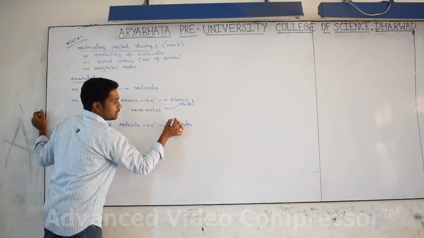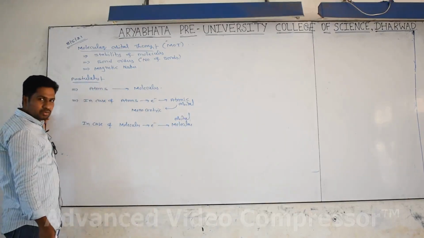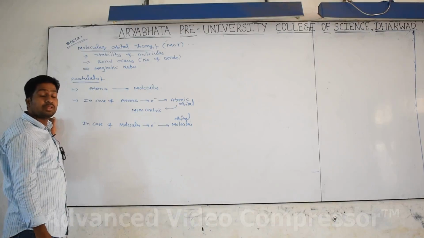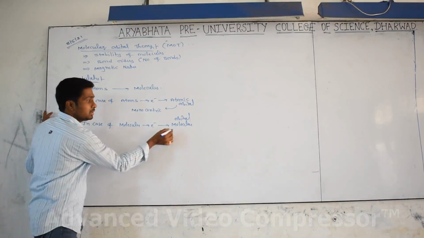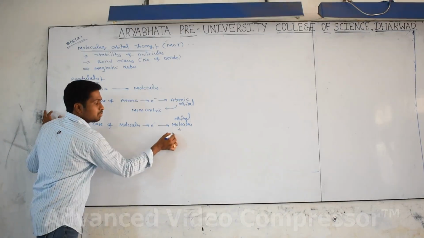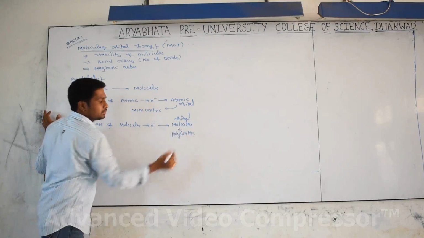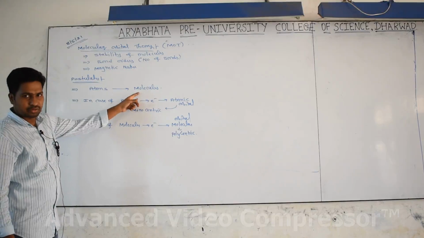Molecular orbital. Is the molecular orbital also monocentric? No. Why? A molecule is formed by the combination of many atoms, so the electrons are influenced by more than one nucleus. We call it polycentric. Understood?